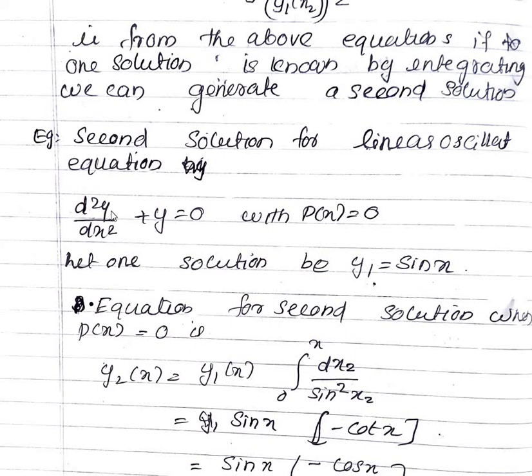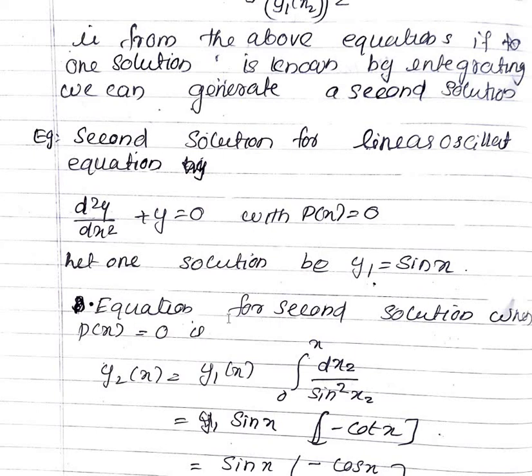So this becomes a simple equation, that is d square y by dx square plus y is equal to 0 with p of x is equal to 0. When p of x is equal to 0, the differential equation is reduced to this form. So we assume one solution y1 is equal to sin omega t, omega is equal to 1, so it is sin x.